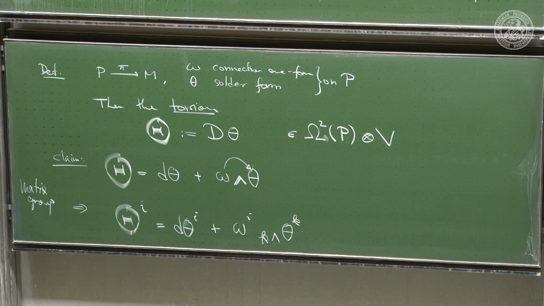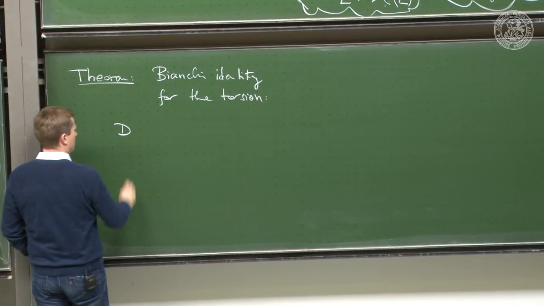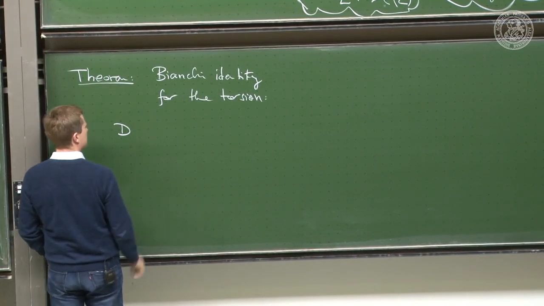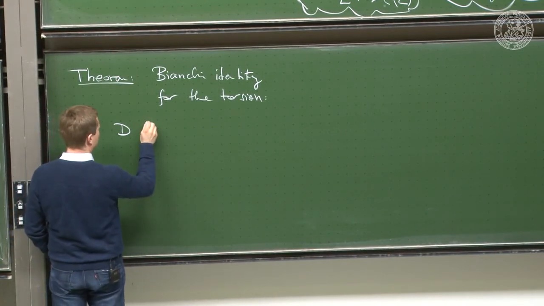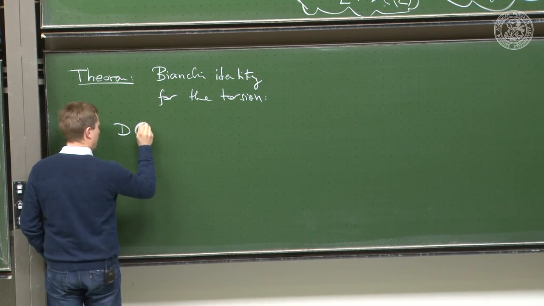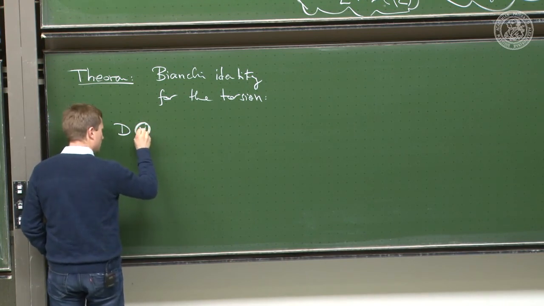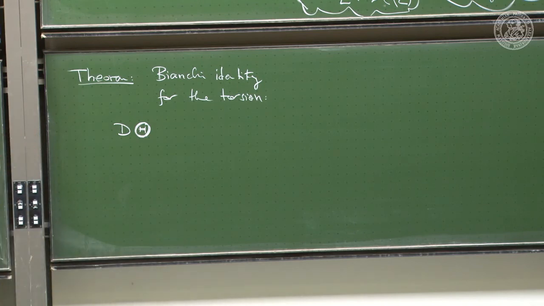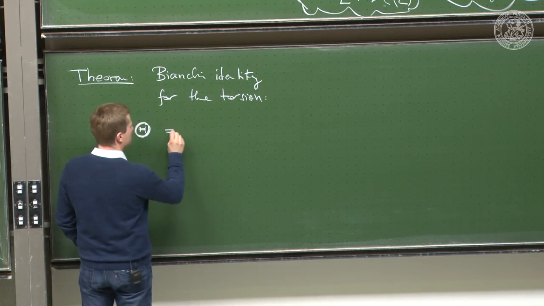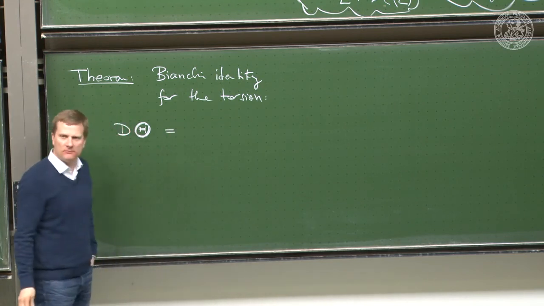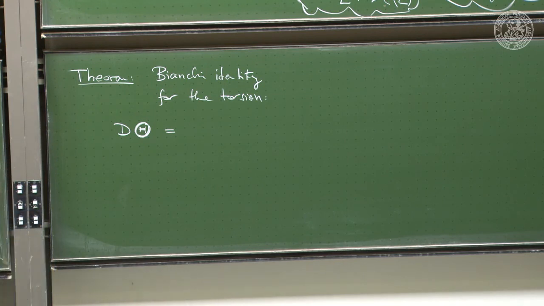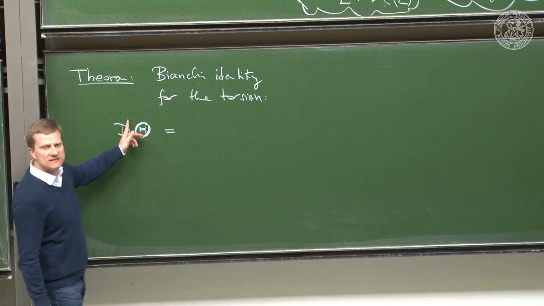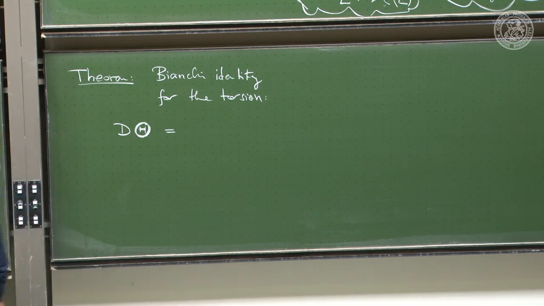For the torsion, and that is again the capital D, the covariant exterior derivative acts on the capital Theta, acts on the torsion, and the result is not 0, which is a particular example that D squared is not 0, because the Theta is just the d of the theta of the solder form.